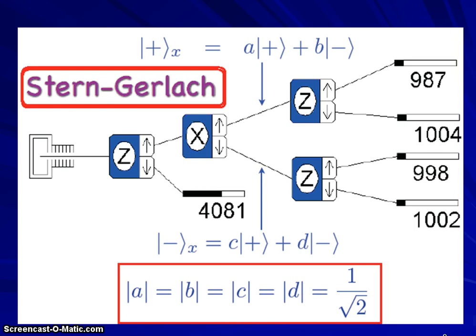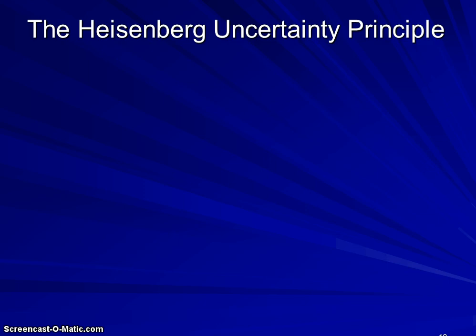Now, the most famous application of this idea of commuting and non-commuting operators is the Heisenberg uncertainty principle, because position and momentum cannot both be known at the same time. In other words, mathematically, the operators associated with measuring position and with measuring momentum do not commute.